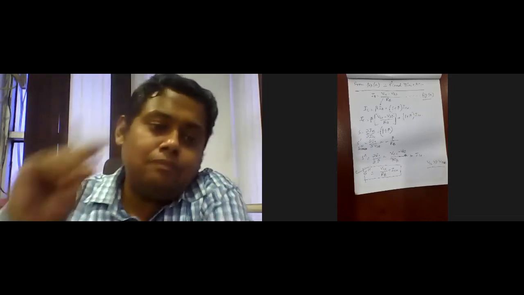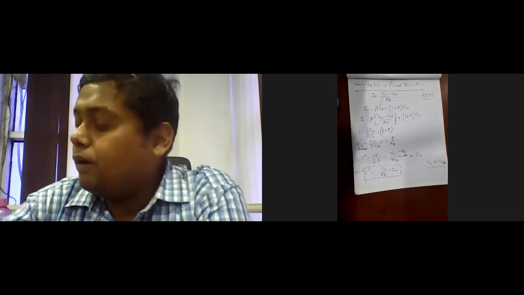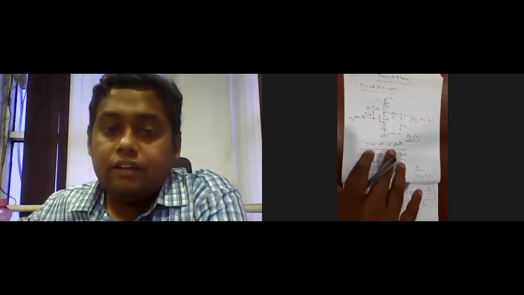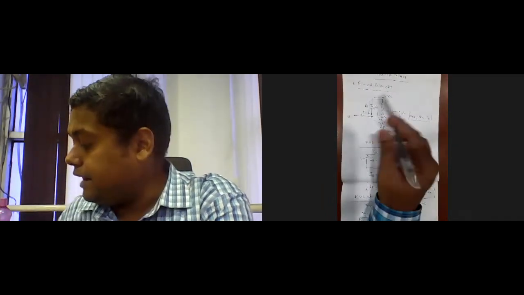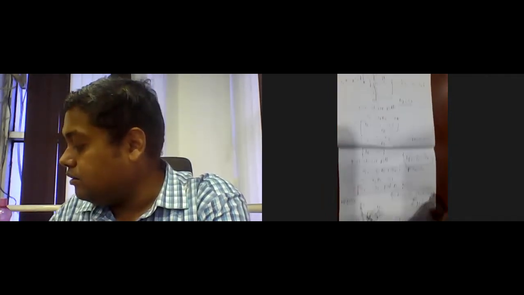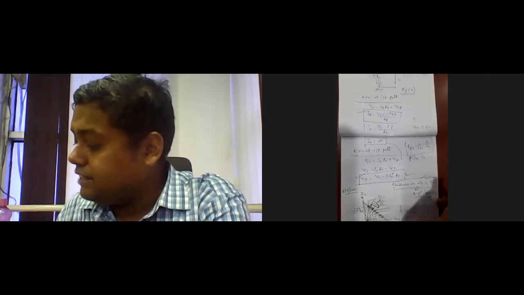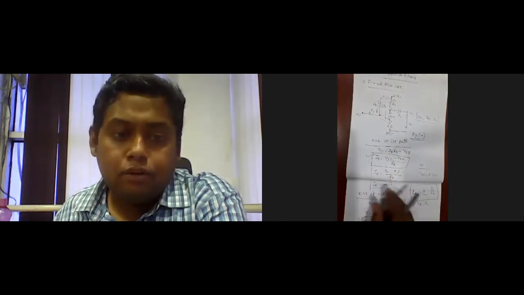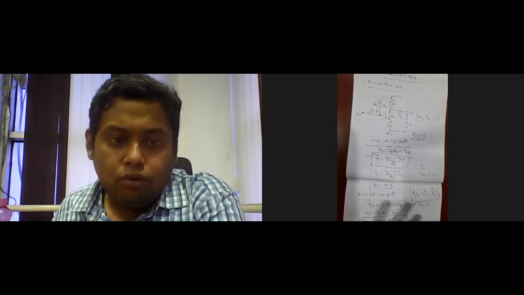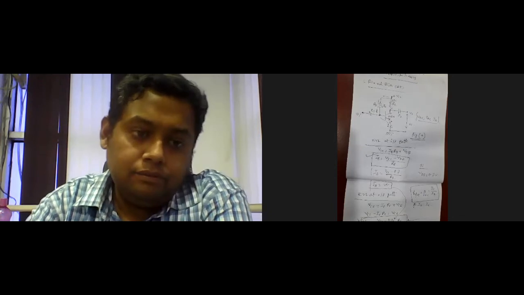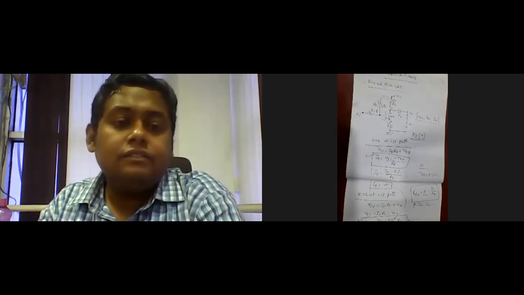But in the exam, a numerical problem may be asked on the basis of this figure, where you have to find the values of IB, IC, and VC. In that case, you take this type of approximation of the KVL in the forward part and the backward part. Is it clear?